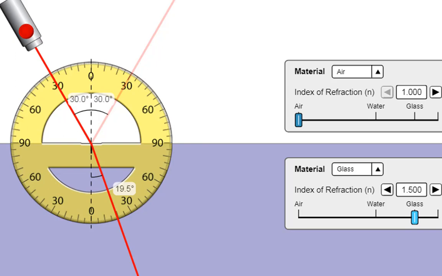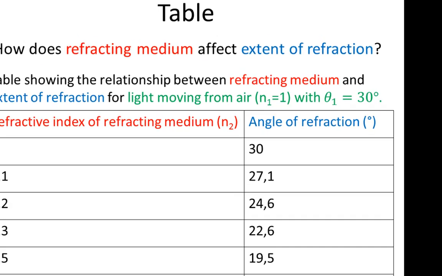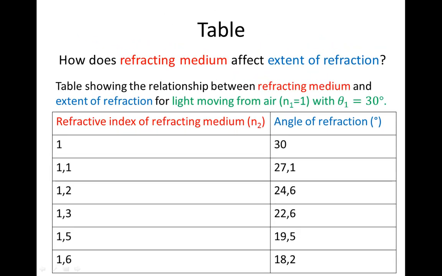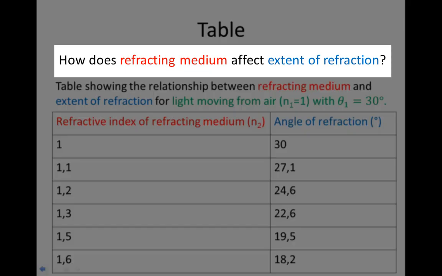And last treatment, we take the slider all the way to the end and we get an index of refraction N2 of 1,6. Angle of refraction 18,2 degrees. So here we have our data entered into the table, and now we need to answer our question. Our question is, how does refracting medium affect extent of refraction?